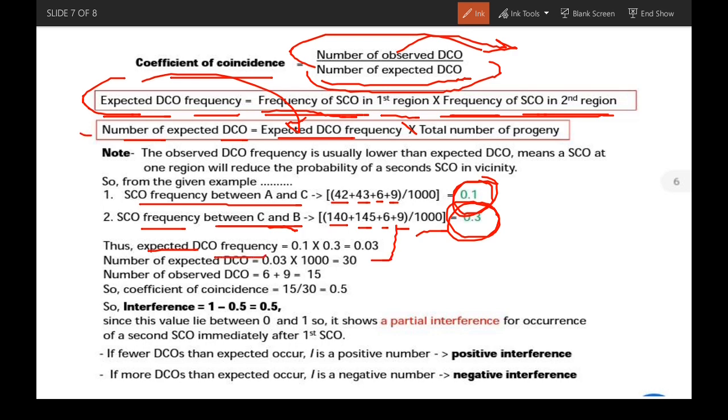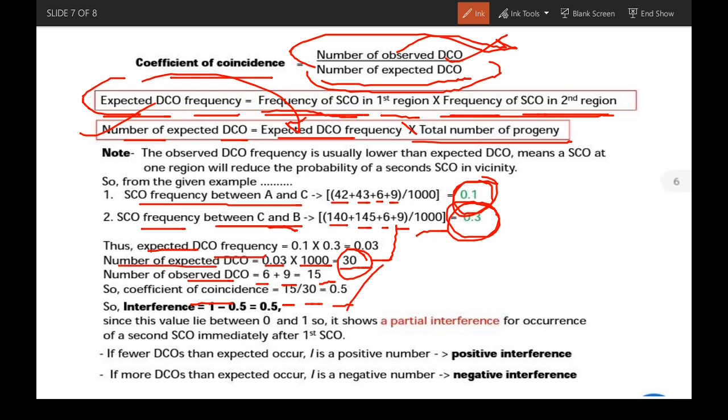Now we have to find the number of expected DCO. That would be the expected DCO frequency, which is 0.03, into the total number of progeny, 1000, gives 30. Now the number of observed DCO we've already seen, 6 plus 9, is equal to 15. Now the coefficient of coincidence will be 15, the number of observed DCO, divided by 30, the number of expected DCO, gives 0.5.